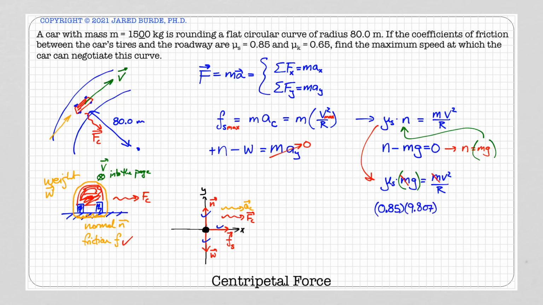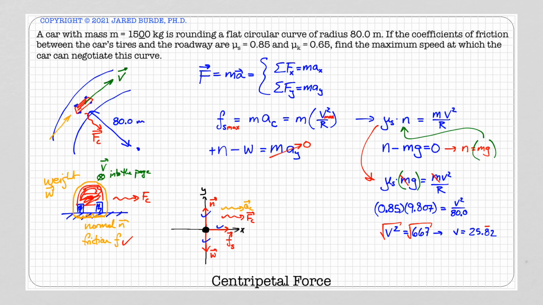I can plug in for g, and I can plug in for the radius of the road, and I can solve for v squared, which is 667, and then I can square root that to find v, which I find as 25.82.